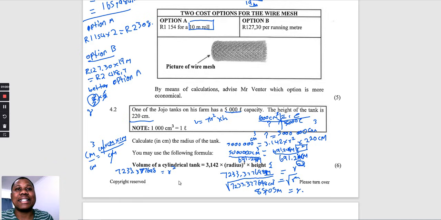Now we are only touching the exponents. The exponent here is 1, and any number to the power 1 stays the same. So on this side we multiply by 1 over 2, and even this one we multiply by 1 over 2. That is going to be 7,233,377,698 to the power 1 over 2. That gives us 85.05, which is equal to r.